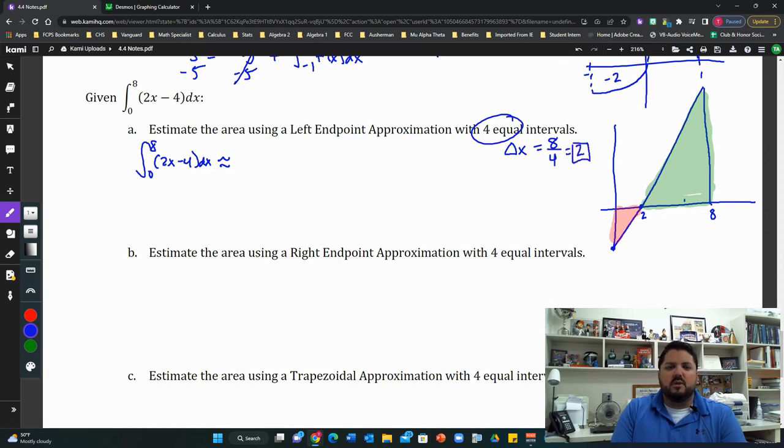So my delta x would be 2, the common width pulled out in front. And then my set of endpoints would start at my a value: 0, 2, 4, 6, 8, adding that delta x. But if I want to use a left endpoint Riemann sum, remember that would be the first 4. So f of 0, f of 2, and so on.